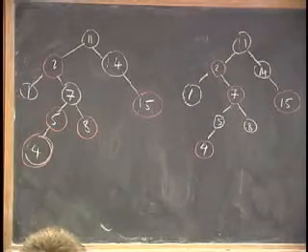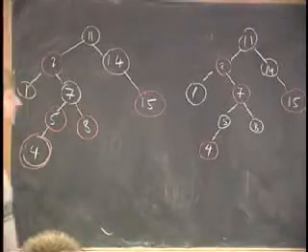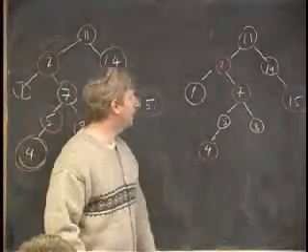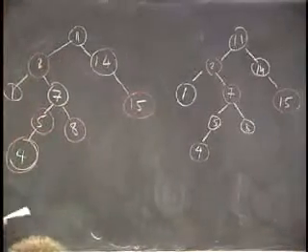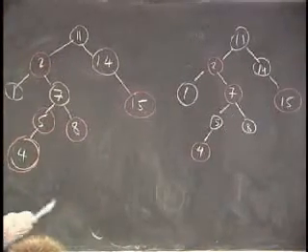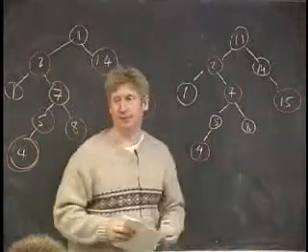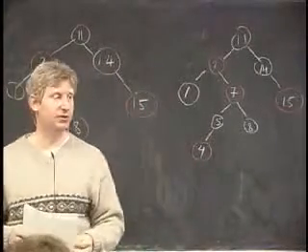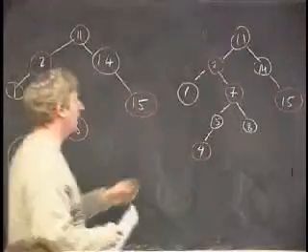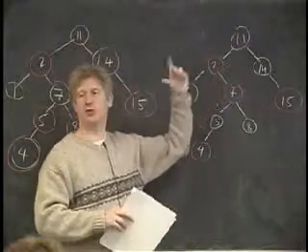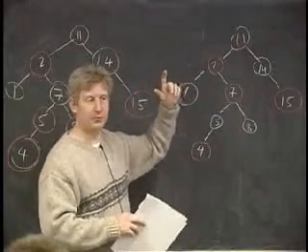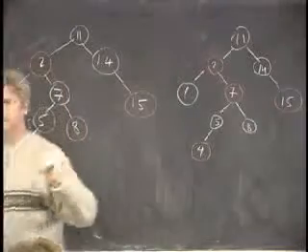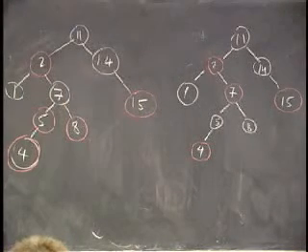But it's black, so we have to do some shifting. There's 2 cases here, and this is the hardest part of doing the insertions. One case is when you're coming off from the right, and one case is when you're coming off from the left. This is the very worst case.